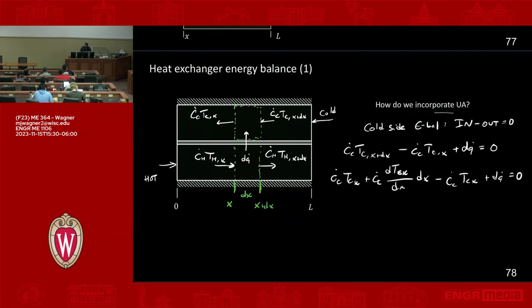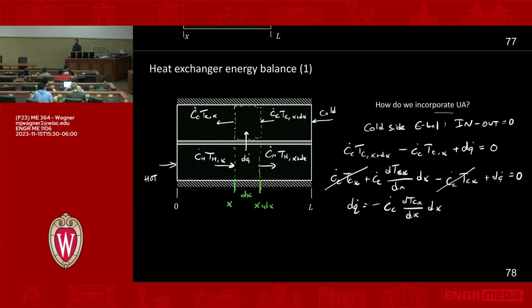Then we can cancel out this term and this term, and bring the dq dot to the other side, so dq dot is equal to minus C dot C, dTC(x)/dx times dx. I'll give you a chance to write that down. Okay, so that's the cold side energy balance.